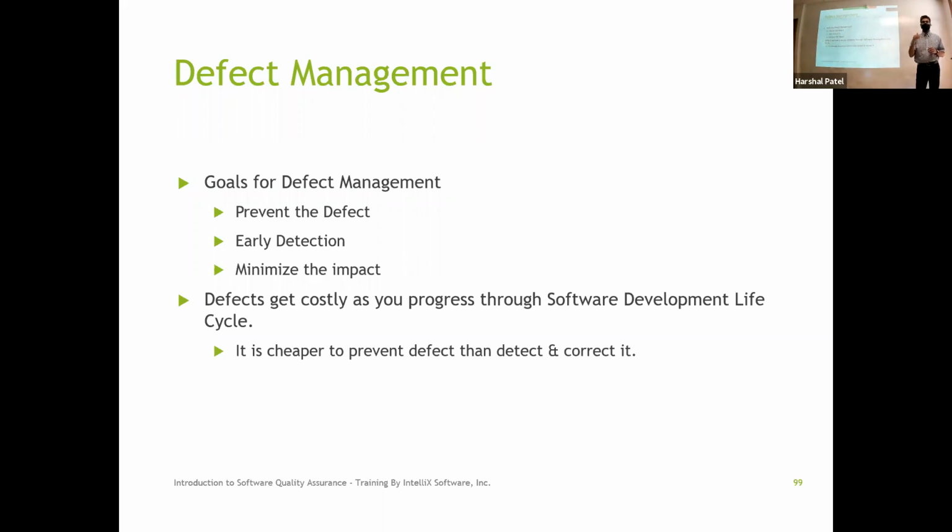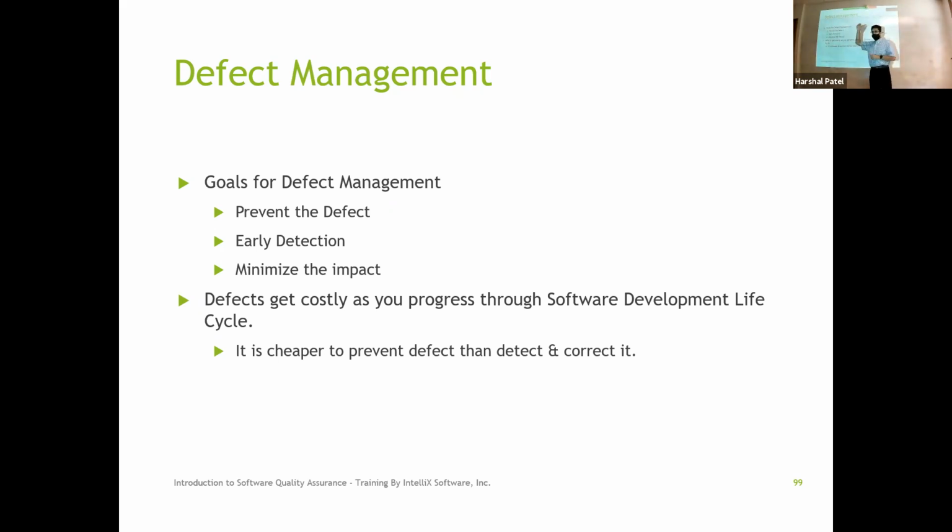However, it's not possible for you to prevent all the defects. So if you're not able to prevent it, then your next goal is, if it has seeped in, let me find it as early as possible in the life cycle. Because the sooner I catch the defect, the lesser is the impact, both time-wise as well as from a financial point of view.